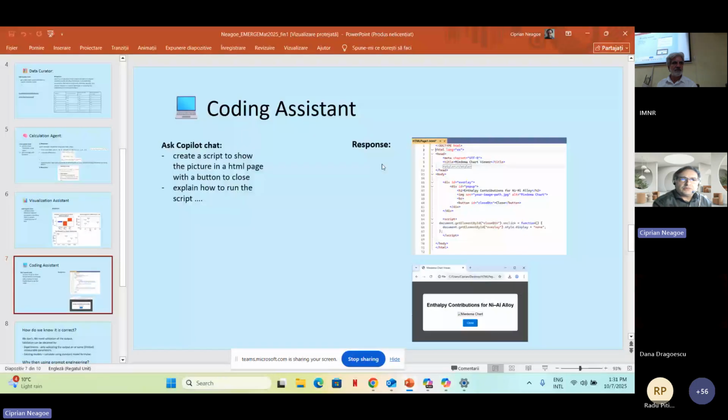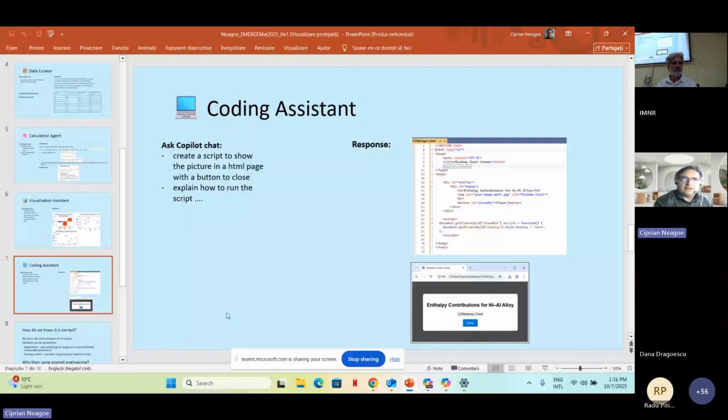I asked it to create a script that will show an HTML page with a button. So it did. It provided the code, explained how to start the application, and I could see that on Chrome. So it can do this, and yes, it's very potent.